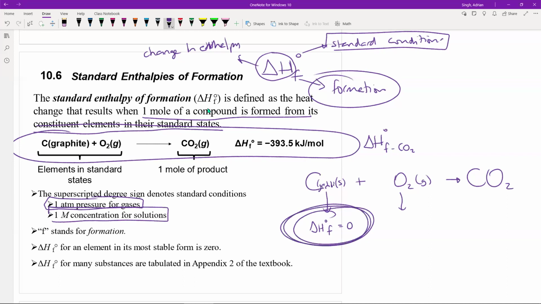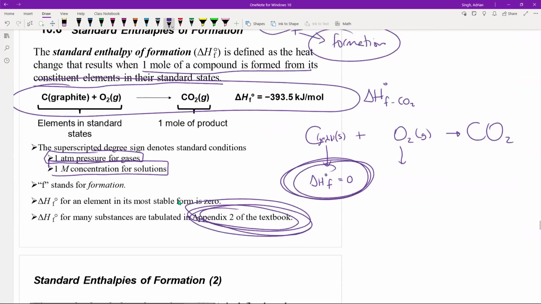There's an exhaustive list of the delta H of formation for lots of substances. They are in appendix 2 of the textbook. We can use those to help us determine the delta H of formation of lots of different things if they're very difficult to actually measure in the lab.